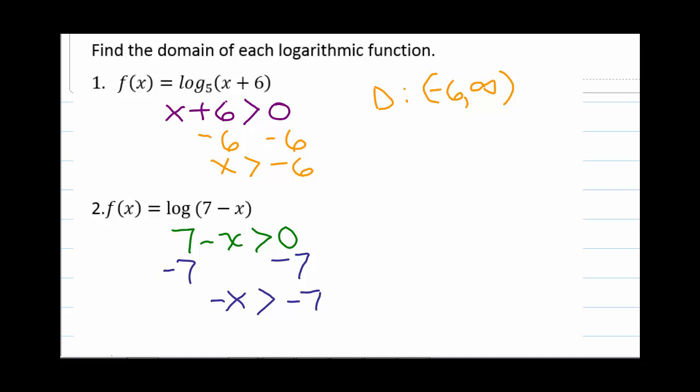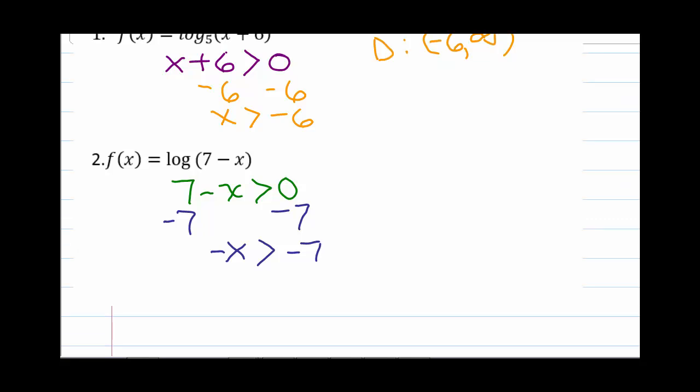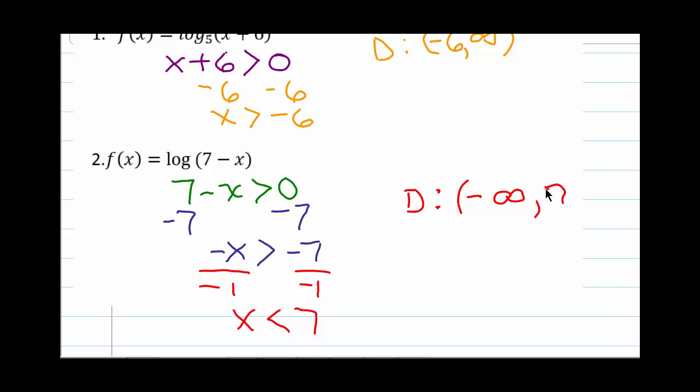Then divide both sides by negative 1. What happens when you divide by a negative 1? You have to flip your symbol. So therefore my domain is from my lowest possible value, negative infinity, to 7, where 7 is not included.